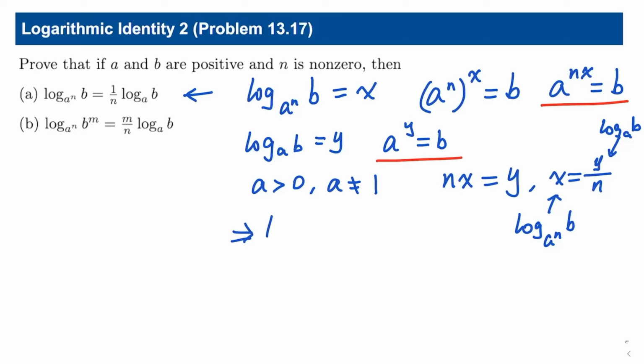Therefore, we have log base a to the power n of b equals 1 over n log base a of b. This is how we prove part A.